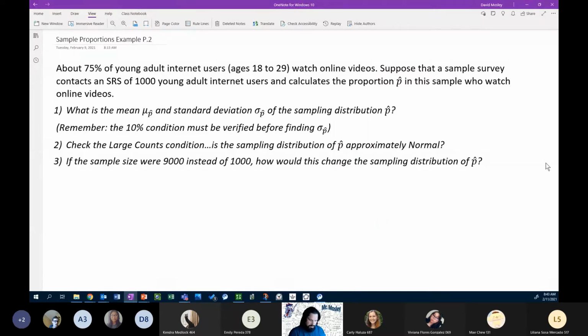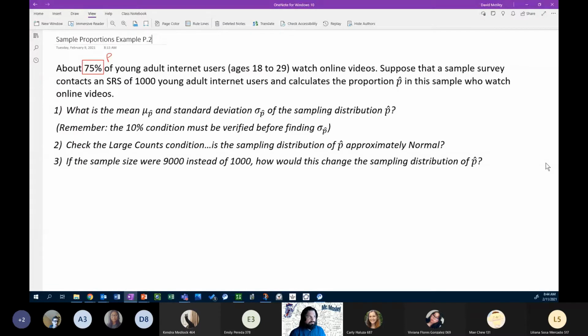All right, so before we answer our questions here, we have 75%. That's a value we're interested in. The 75% here is the population proportion.